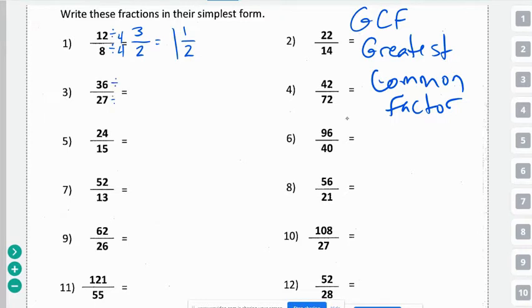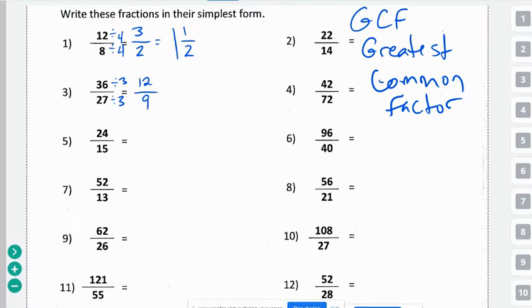36 divided by 27. I know they both are a multiple of 3, so let's see if this will work. 36 divided by 3 is 12, and 27 divided by 3 is 9.